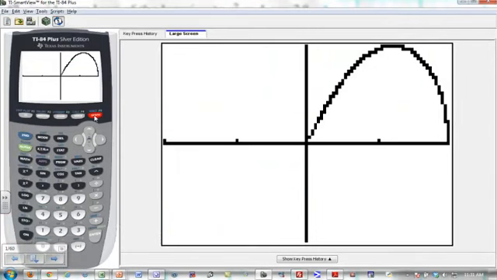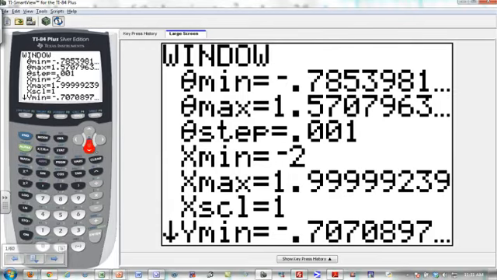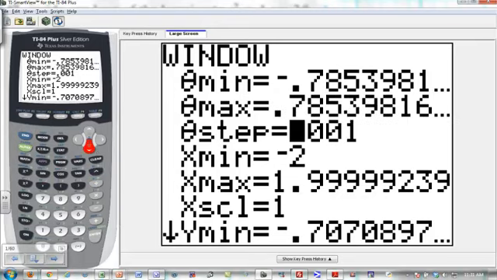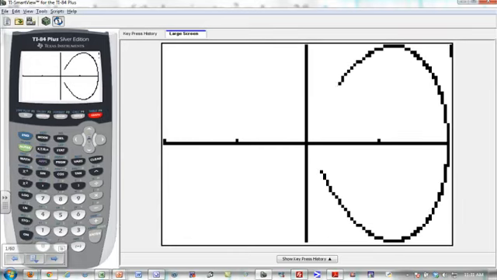Let's try that. Window, negative pi over 4, pi over 4, and so that it's not as bad, I'm going to go back to my old value of 0.01. You could do 0.005, but I'm going to be okay with the fact that it doesn't make it all the way back to the origin, because we've seen it go to the origin.